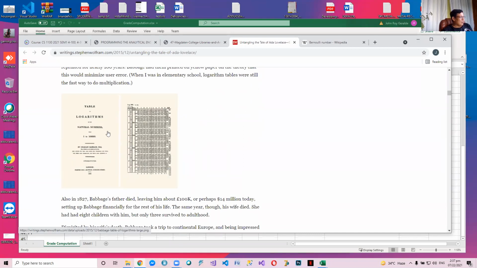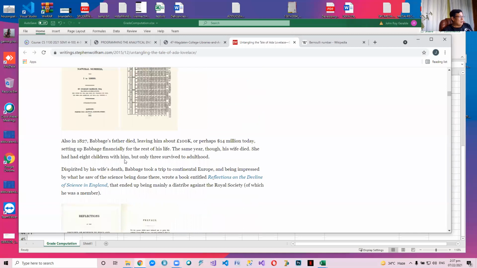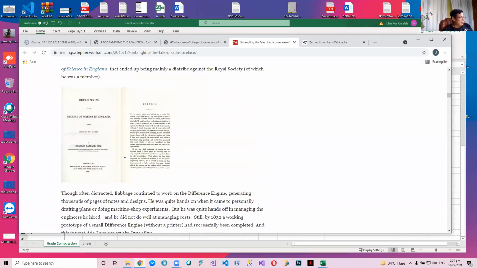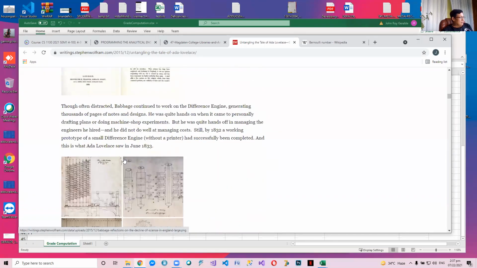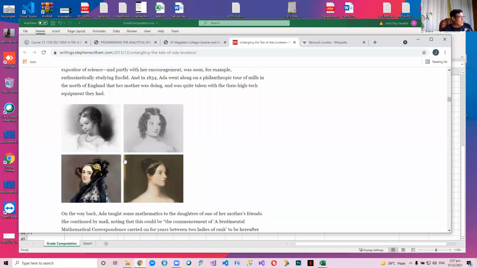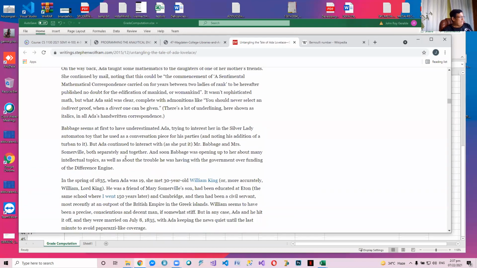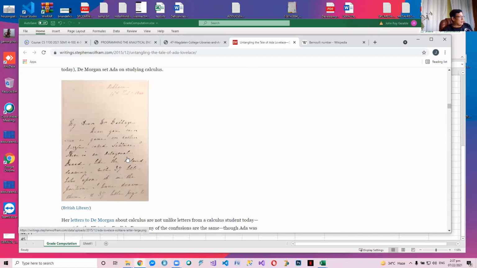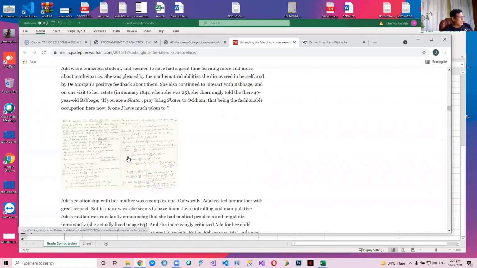This Logarithms of Natural Numbers, okay, which was written by and then many works, and then Ada Lovelace wrote the programs on the algorithms to run on the analytical engine.